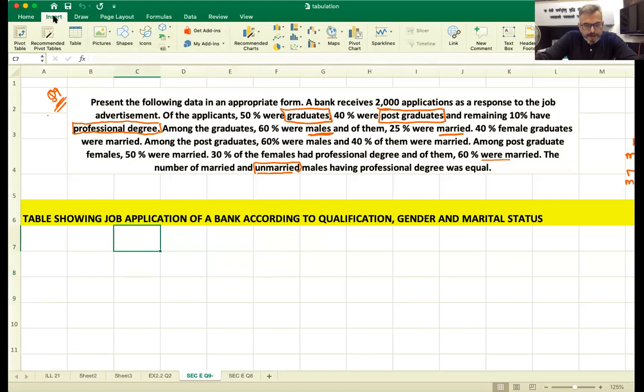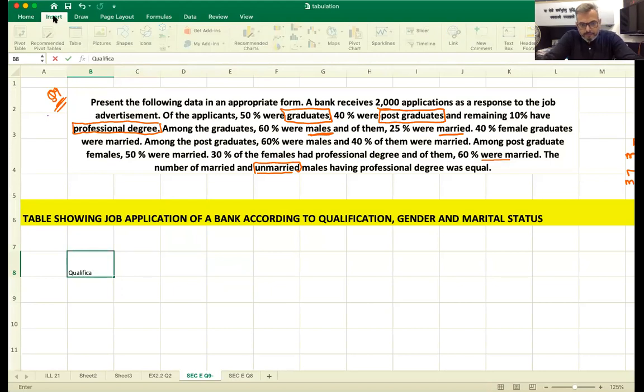Okay, let's make the layout now. Now over here we will take qualification. Graduate.